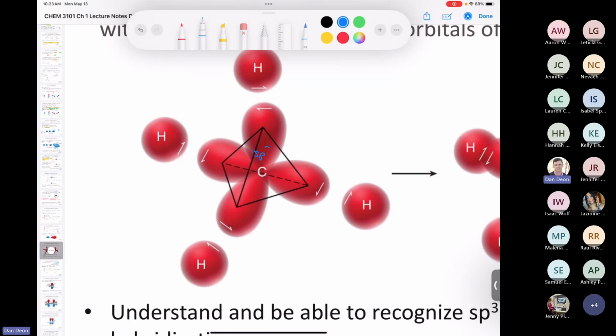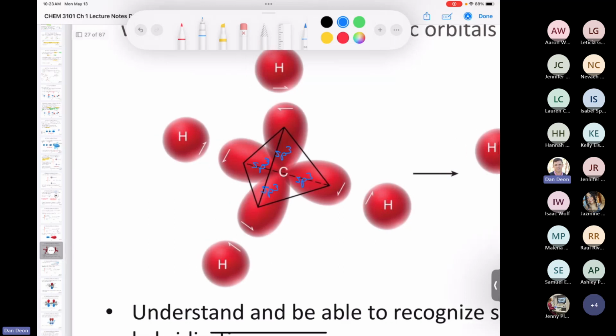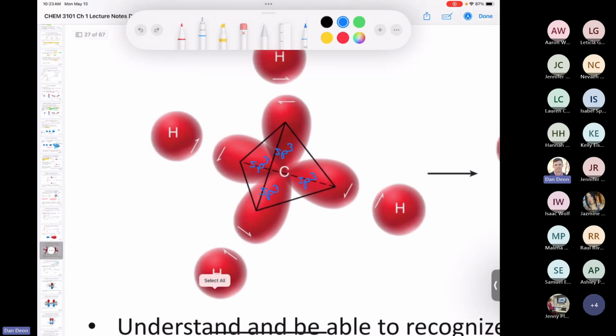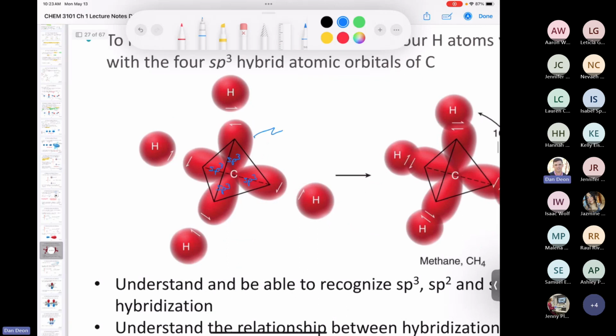This is sp3, this is sp3, this is sp3, and this is sp3. This is a tetrahedron here, trying to show you how all 4 of these, which look like balloons stuck to the carbon, are evenly spaced around the carbon, and they actually adopt a tetrahedral arrangement.